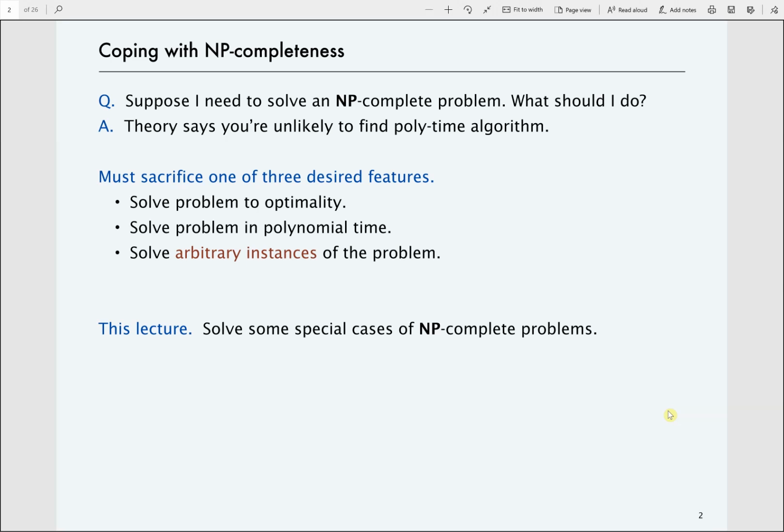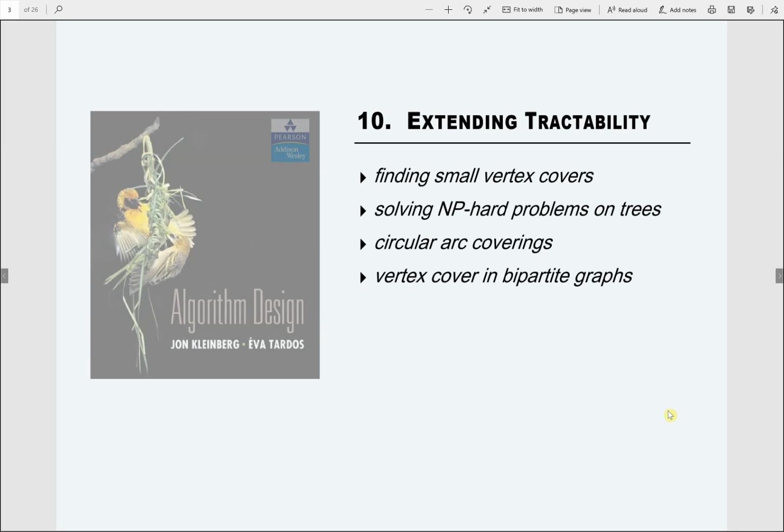There could be certain special cases that we can solve efficiently, and as long as these special cases are reasonably interesting, it's useful to find efficient algorithms for them. The first problem we're going to look at is vertex cover.